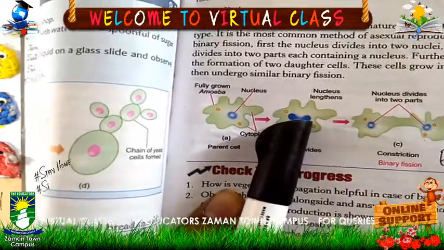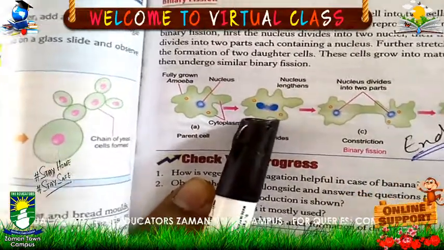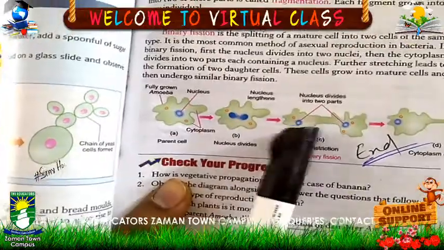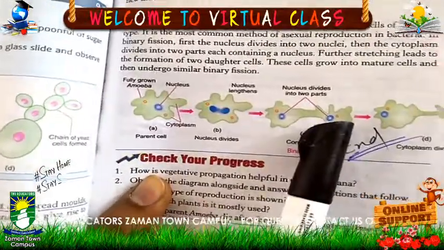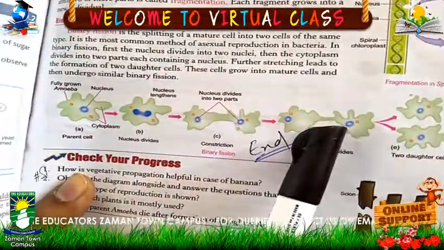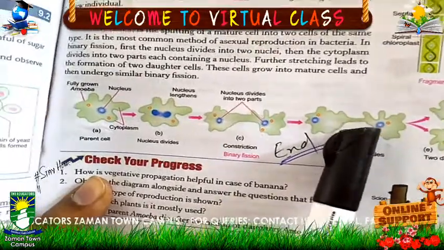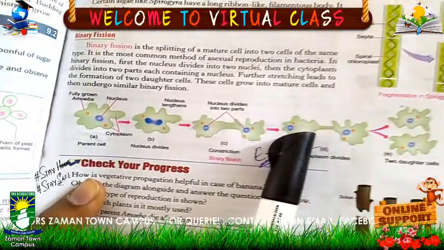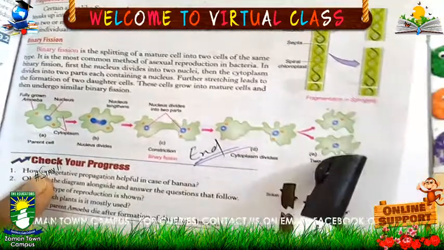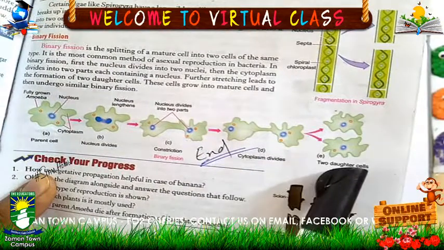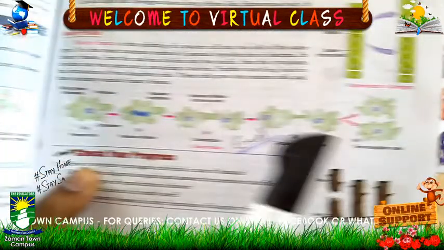Now the nucleus, which is in blue color, starts dividing into two. Now the nucleus is completely divided, and here it is almost going to complete, and two daughter cells are formed from a parent cell.